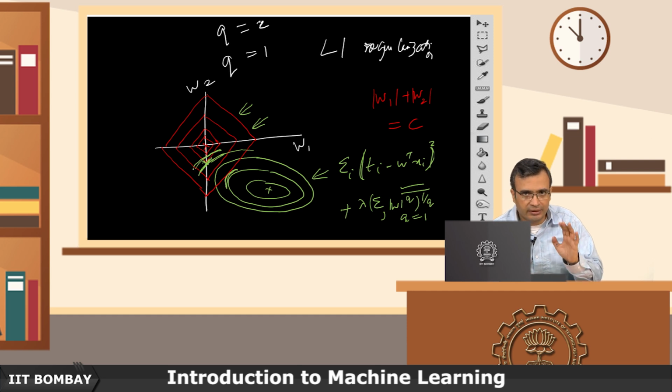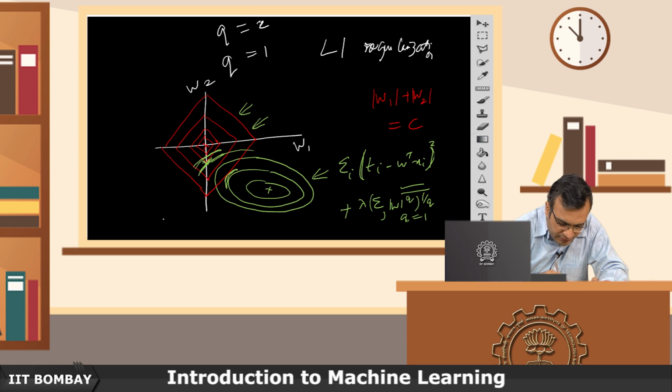In this figure, W2 is 0. So the locus that we will get is going to be exactly 0 for W2 until a certain point, and then it will go like this.